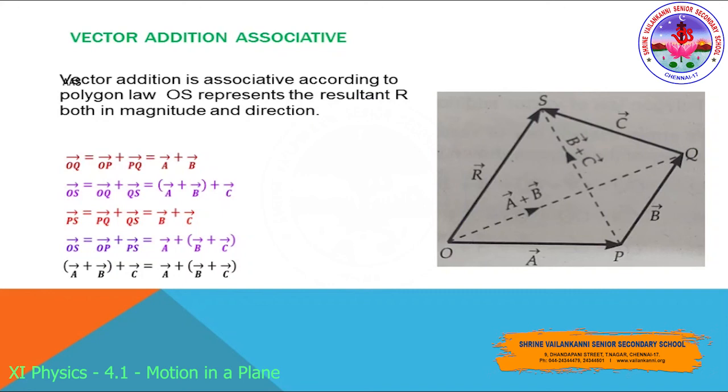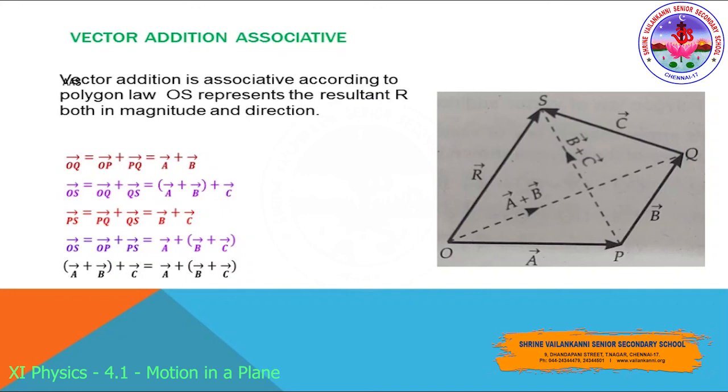Now in the triangle OPS, we have to take all the triangles made there. OS vector is equal to OP vector plus PS vector, which is equal to A vector plus B plus C vector. From this we get the associative property proved: A plus B plus C is equal to A vector plus B vector plus C vector.